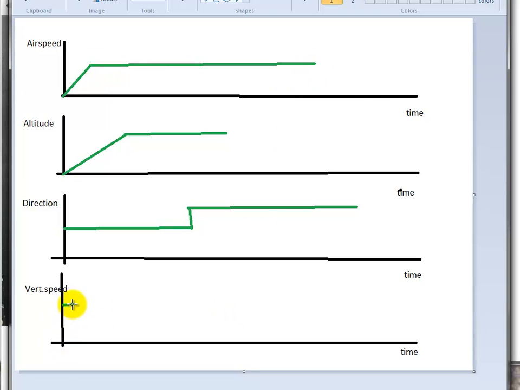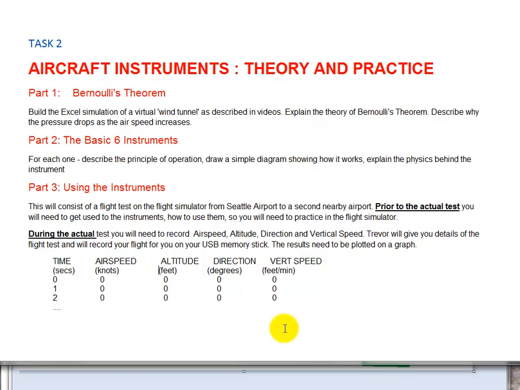The vertical speed will be quite high when you're taking off, climbing to an altitude, and the vertical speed should drop to 0 when you're going along at a fixed altitude, and it will only decrease when you come to land. So you'll just plot this out in a similar format to this against time, and that is the whole lot done.